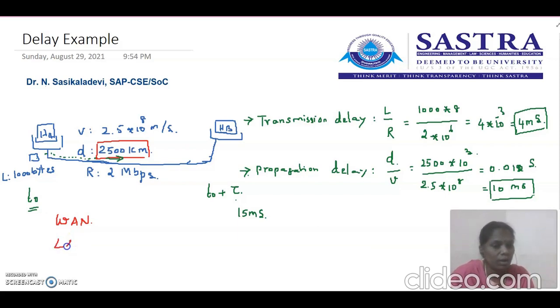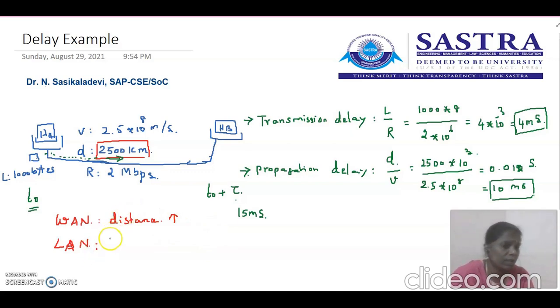Local area network and wide area network are the two common types of network. In a wide area network, the distance is high, so the propagation delay will be high and the transmission delay will be less.